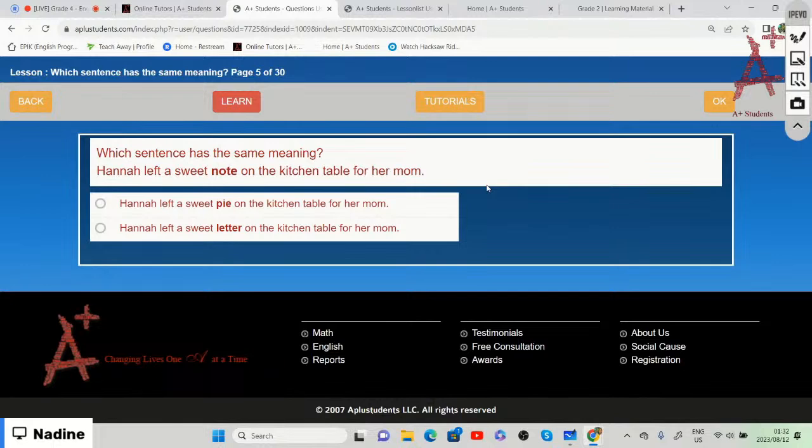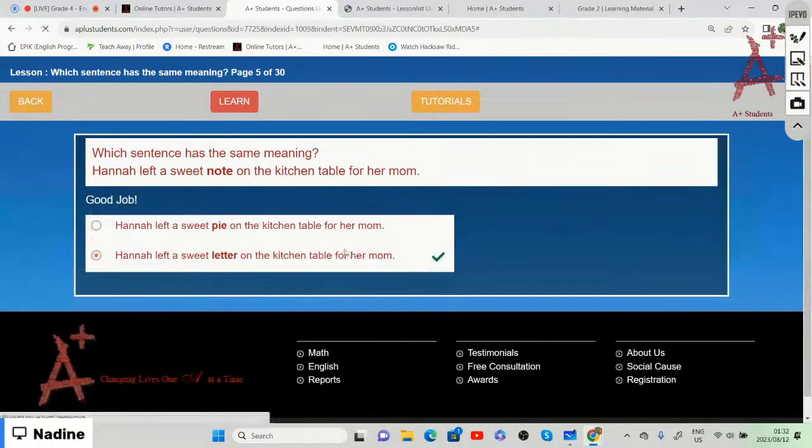So, letter. Is letter or pie the same as note? Something written, right? Which means that we will choose the second option, because letter is the same as a note on the kitchen table for her mom.